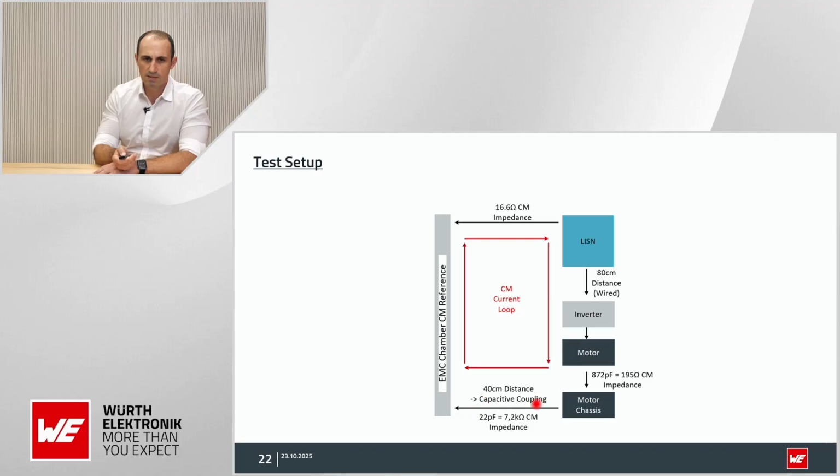We know the distance, and therefore we know the size of the chamber and the size of the device under test. It's roughly 1 meter square, and therefore we can calculate with the epsilon r of air the capacitance of this distance, and this ends roughly in 7.2 kilo ohm. This is something we can then put into the LTspice simulation to get a better feeling if the resulting insertion loss is high enough or not.